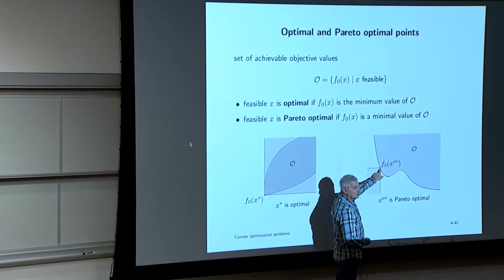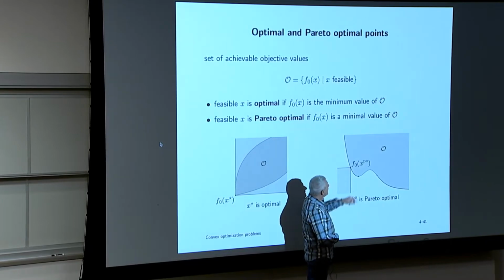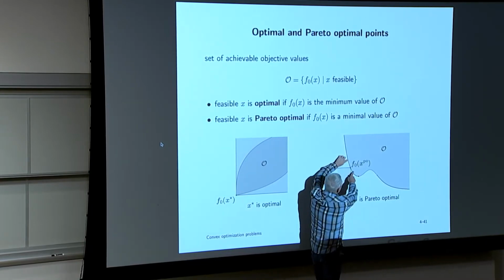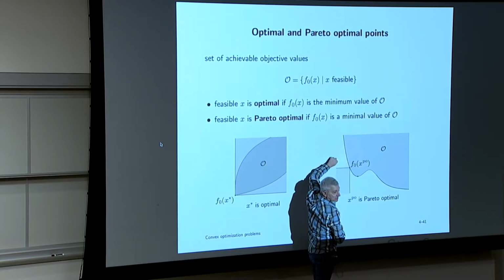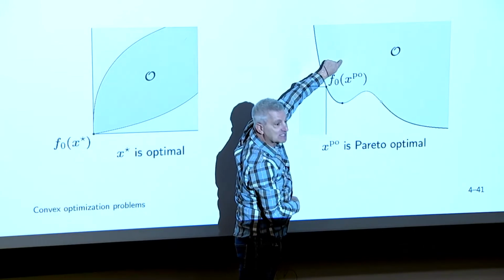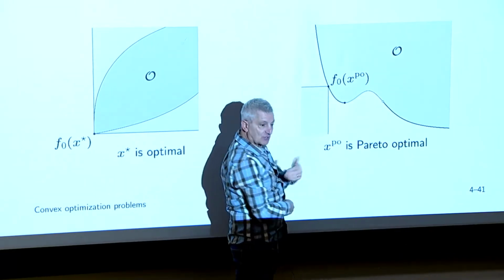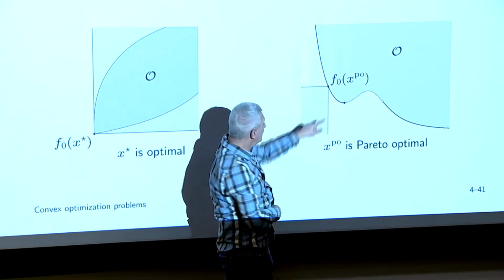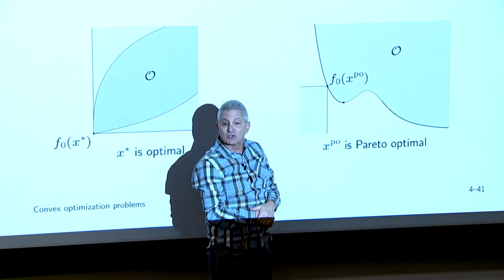And we want the second component small, which means down is good. If someone pointed to this, that's a stupid choice. That's an impossible choice, perfectly nice one, but impossible. This is possible but stupid. These are the not stupid ones, the Pareto ones. People refer to this as an optimal trade-off curve.